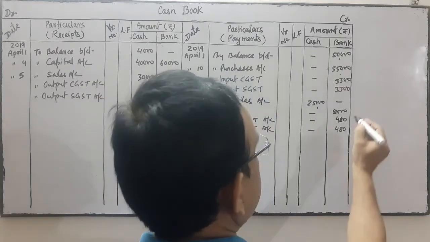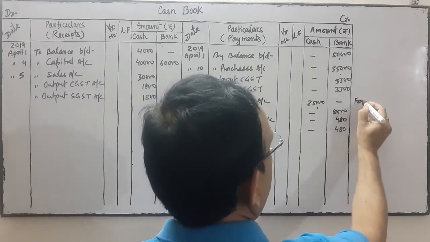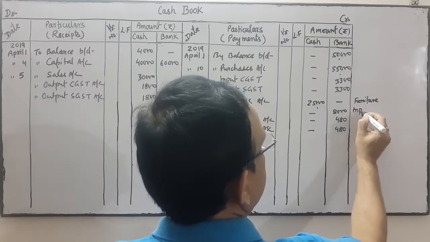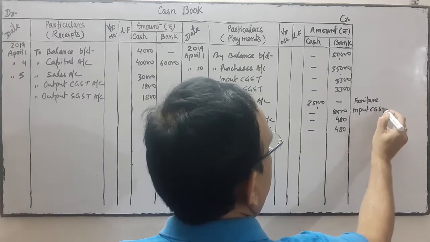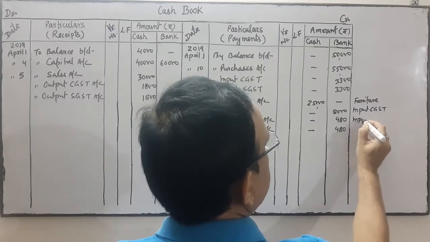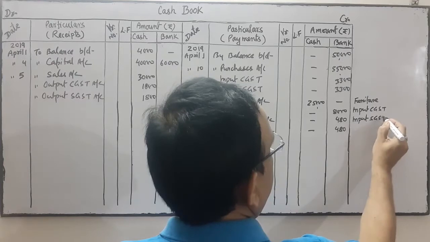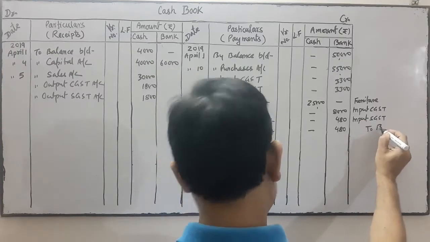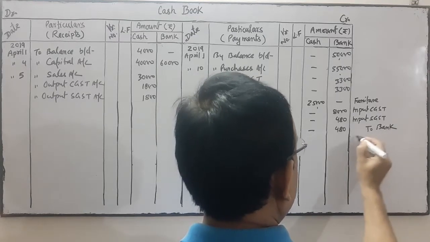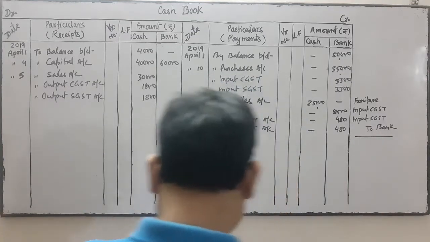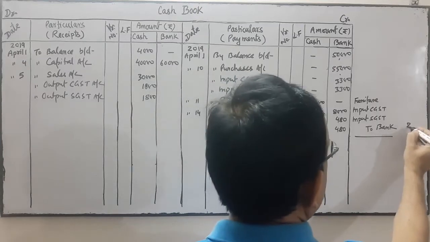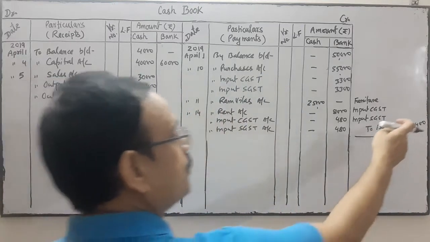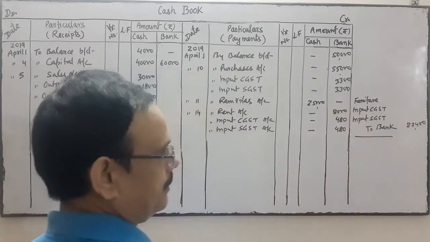So when we purchase the furniture, entry is furniture account debit, input CGST, input SGST to bank account, issued a check. We have issued a check. The value of the check is 22,400. This includes both CGST and SGST.